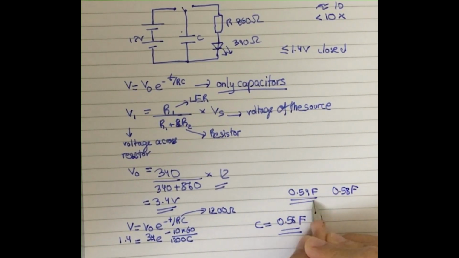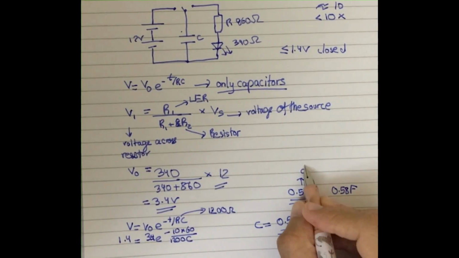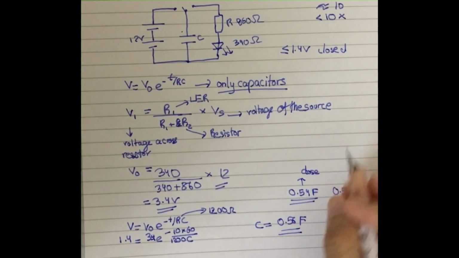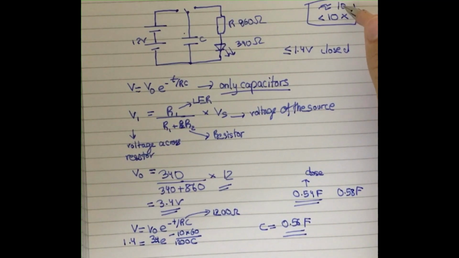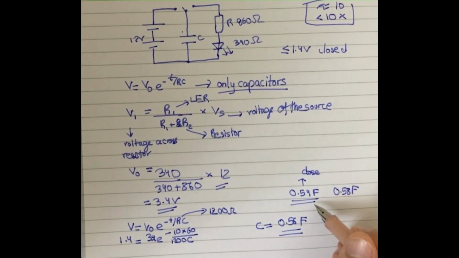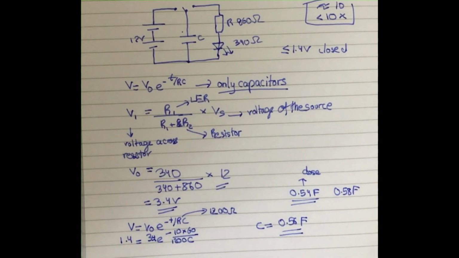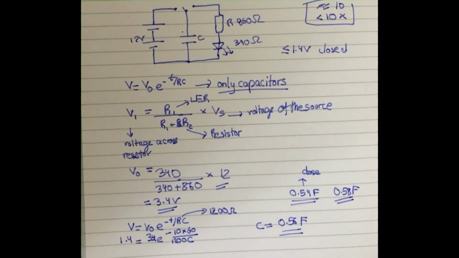We can't use the lower one because it should be close to 10 minutes but not less than that. You remember the statement, right? If you use the lower one, it's going to be less than 10 minutes. You have to use the higher one to be close to or greater than 10 minutes. There's no restriction about going greater, but the restriction is that you shouldn't go less than 10 minutes, right? So we are going to use this capacitance. So this is your answer.